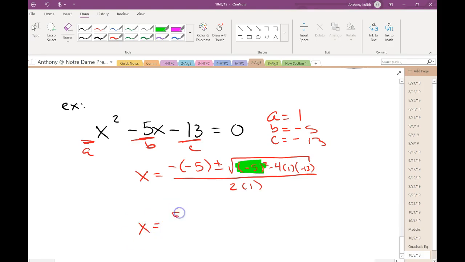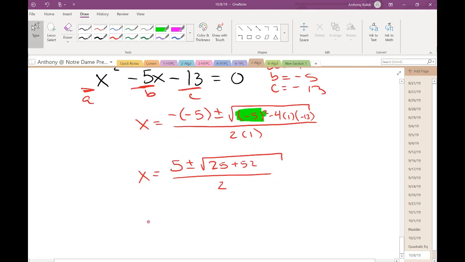So, negative of -5 is +5. 5 squared is 25. -4 times 1 is -4. And -4 times 13 is +52. And that's all over 2. 25 plus 52 is 77.